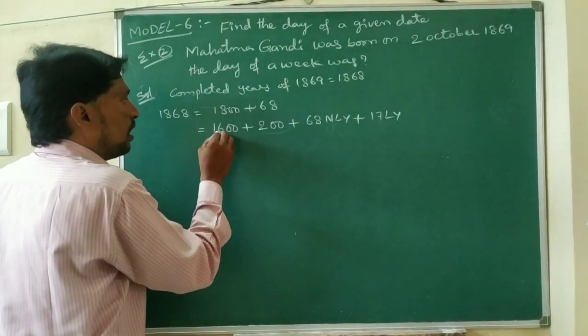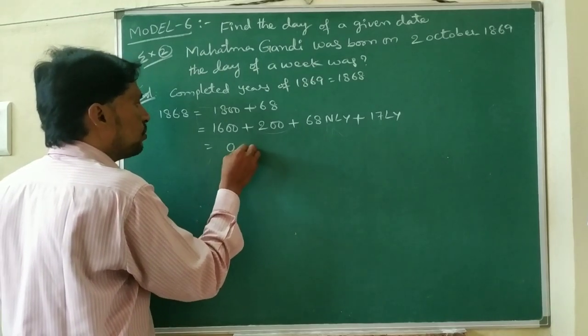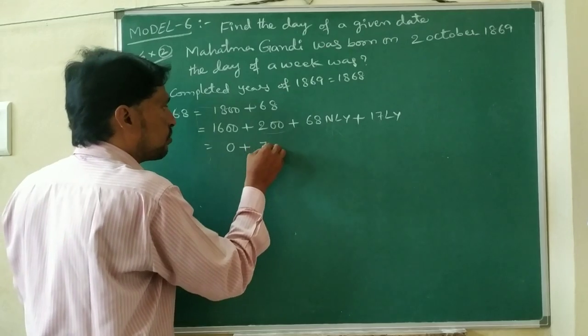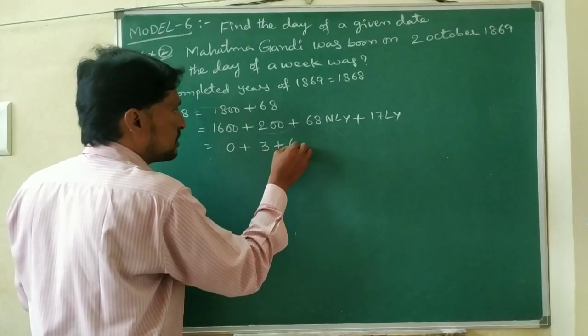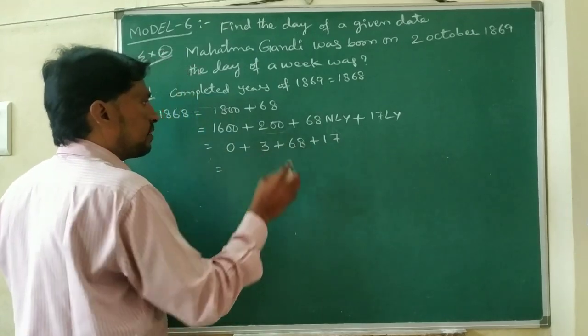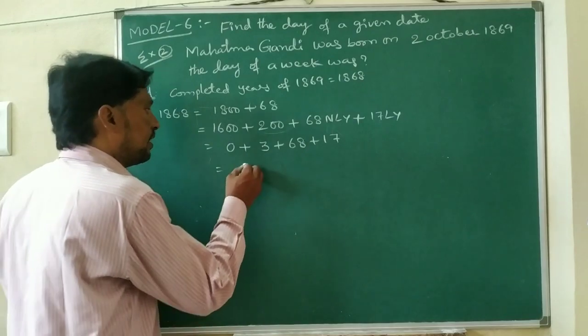So 1600 century odd days will be 0. 200 years, odd days will be 3, plus 68 plus 17. So 3 plus 68 is 71, 71 plus 17 is 88.